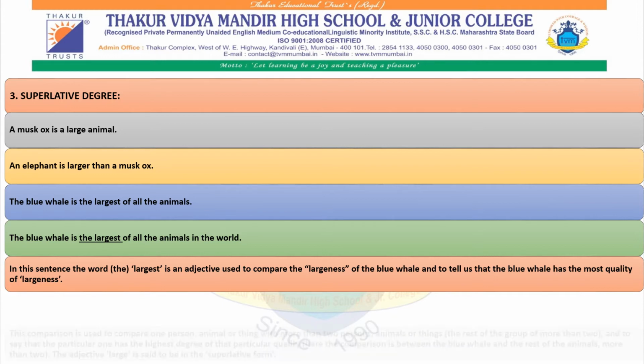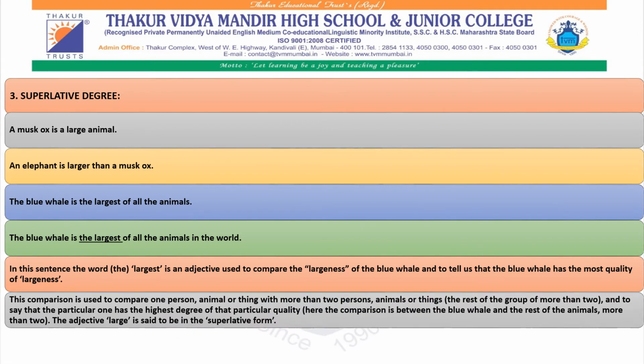The comparison is used to compare one person, animal or thing with more than two persons, animals or things, or the rest of the group of more than two, and to say that the particular one has the highest degree of the particular quality, as here the comparison is between the blue whale and the rest of the animals more than two.